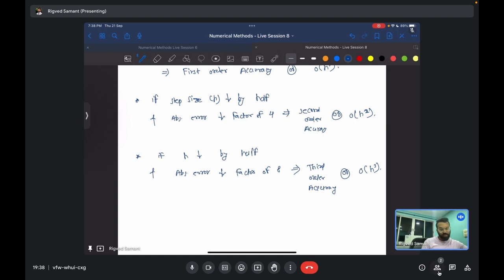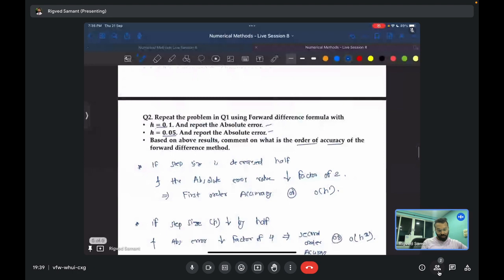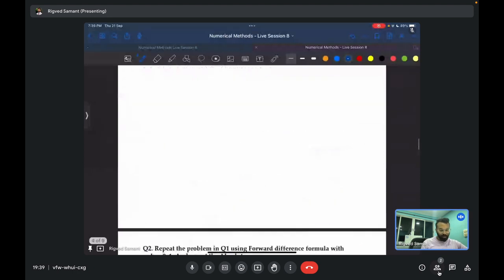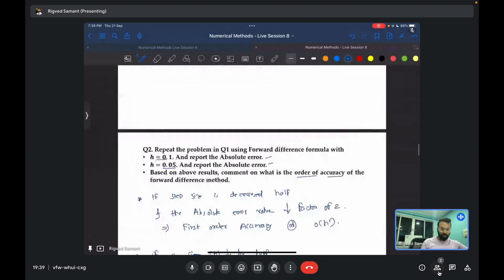So it's basically asking you what is the order of accuracy and how you can calculate it, because if you have seen, the value of h in the previous case was 0.2, now it is asking you to calculate for 0.1 and 0.05. So it's basically asking you to calculate for half steps, and for each step you will calculate the error and compare the error.